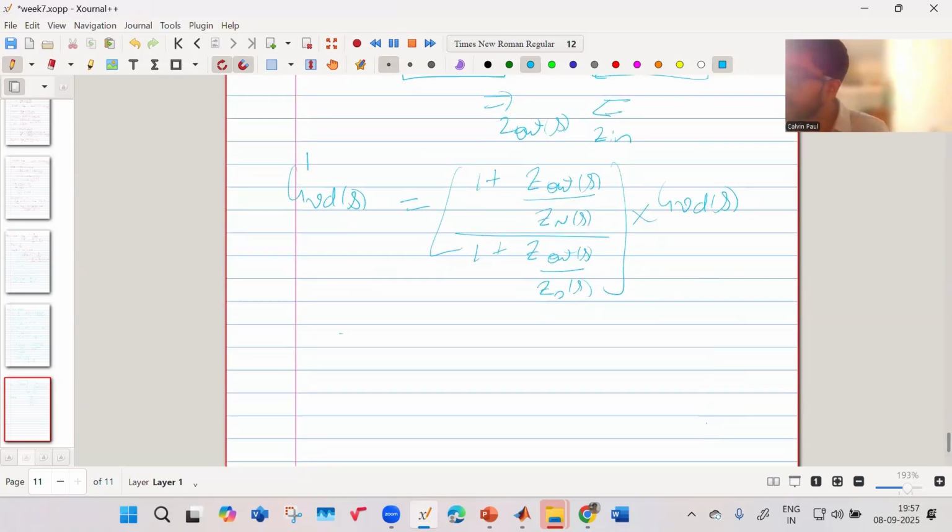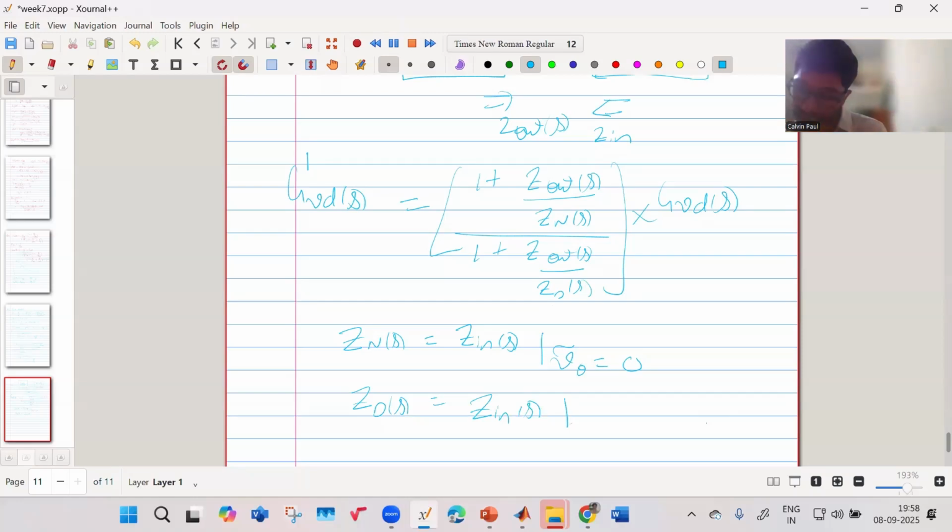Now Zn of S is your input impedance when your output voltage perturbation is 0. And Zd of S, if I'm not wrong, is the denominator of your input impedance Zn of S under some certain case.